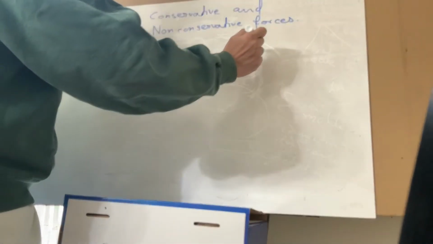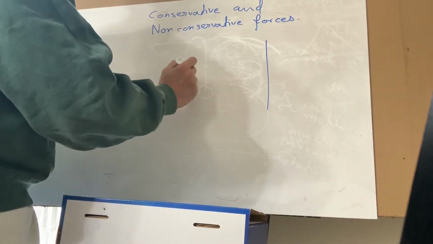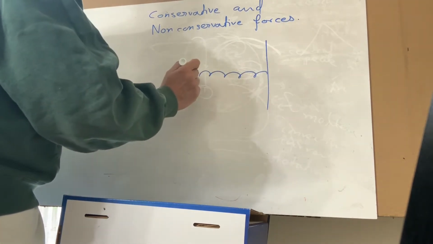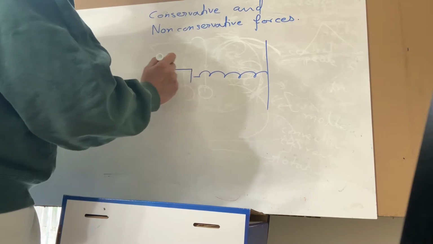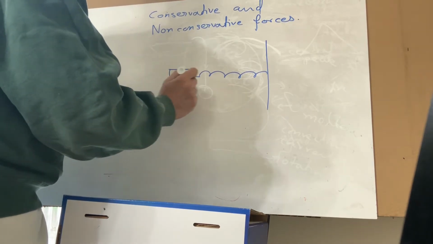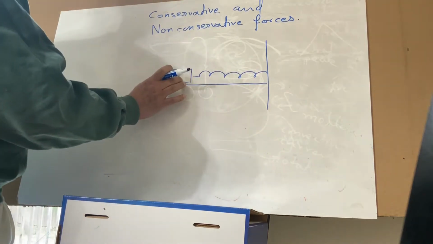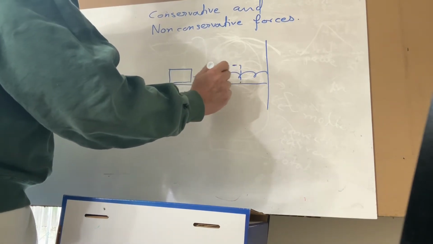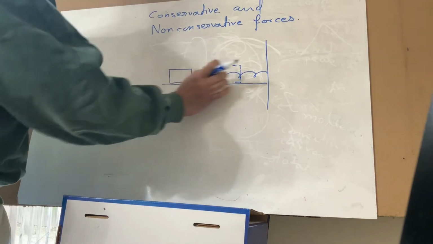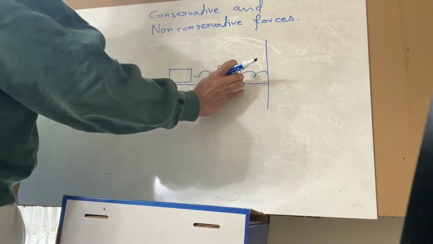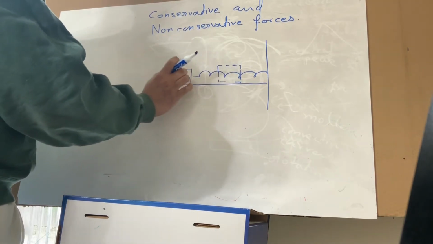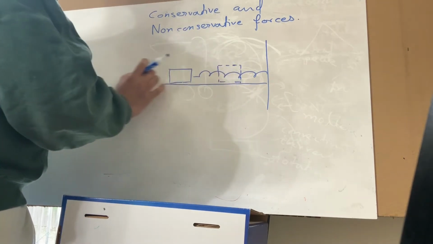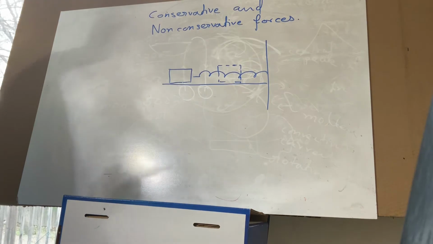In the same manner, a spring force. You have a spring, and there's an object here. If I compress the spring, I move the object here and release it, the moment it's released, it will spring back with the same speed.